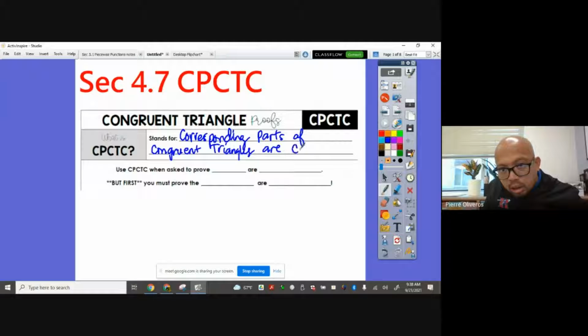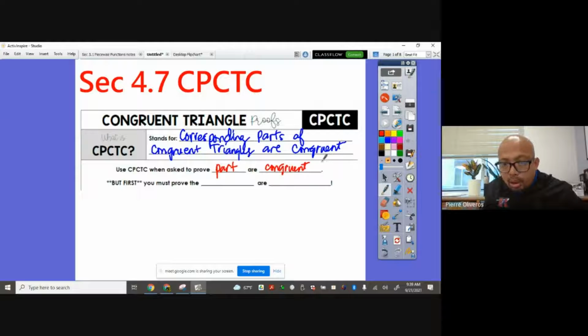are congruent. Meaning to say, if our objective is to prove that corresponding parts of a triangle are congruent, we must first prove that the two triangles are congruent. So that's why it says here, use CPCTC when asked to prove the parts of the triangle that are congruent.